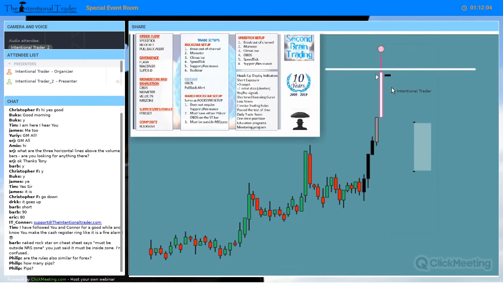So you're going to look at the instruments you decide to trade with this, and just go and study this pattern and see how many ticks or pips it typically pulls back.